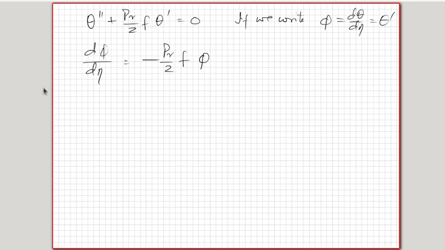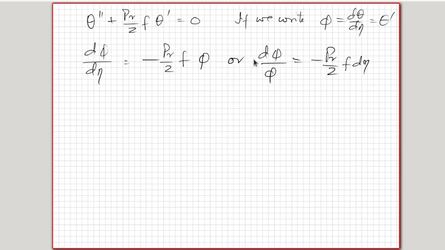So if I separate variables, bring the phi here and take the d eta there, then I get d phi by phi is equal to minus Pr by 2 into f d eta.